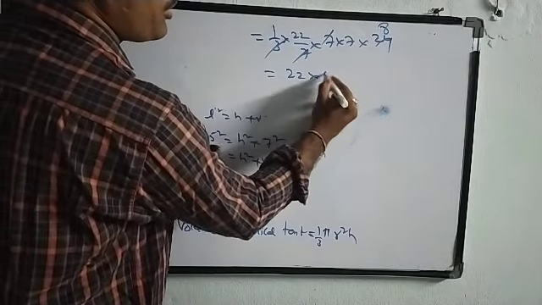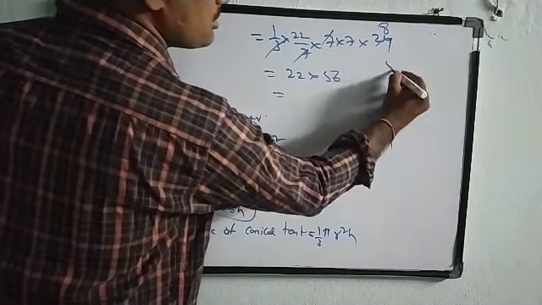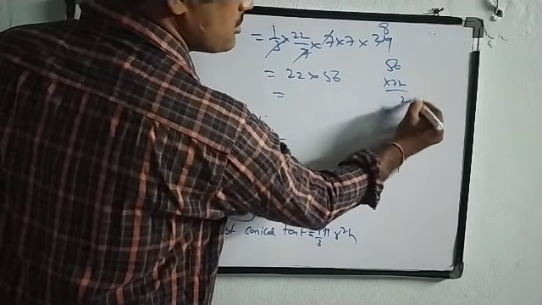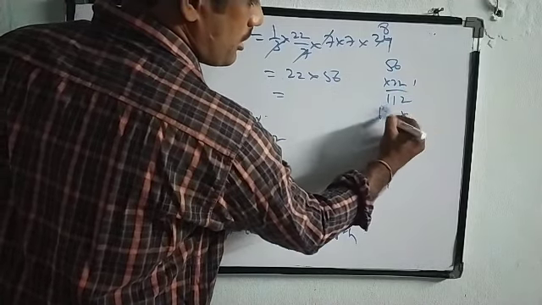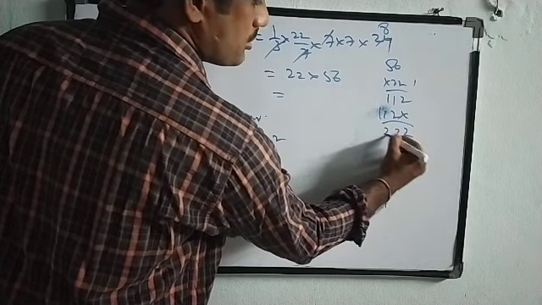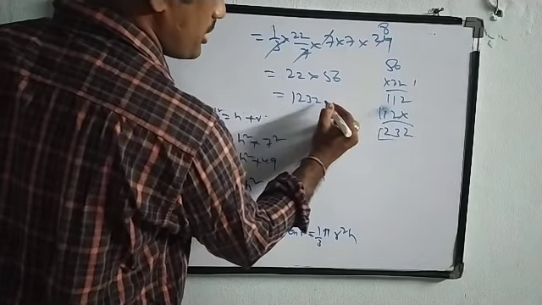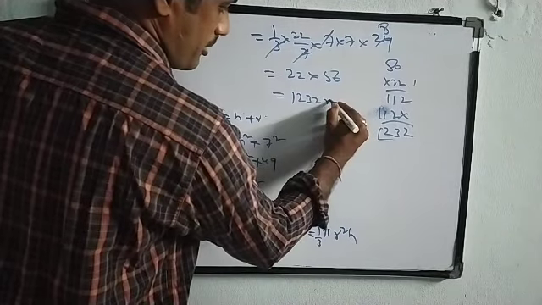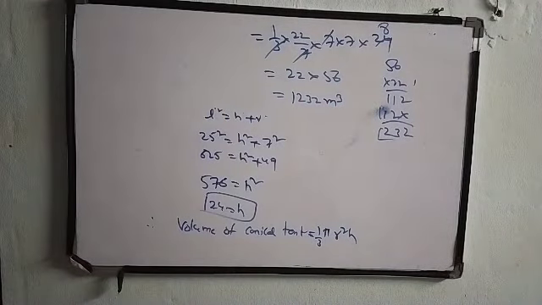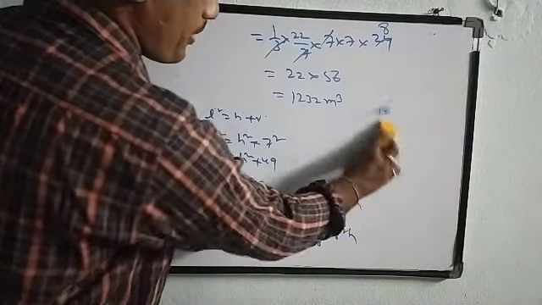So 22 into 56. So it is 1232 meter cube. So this is the final volume of the conical tent.